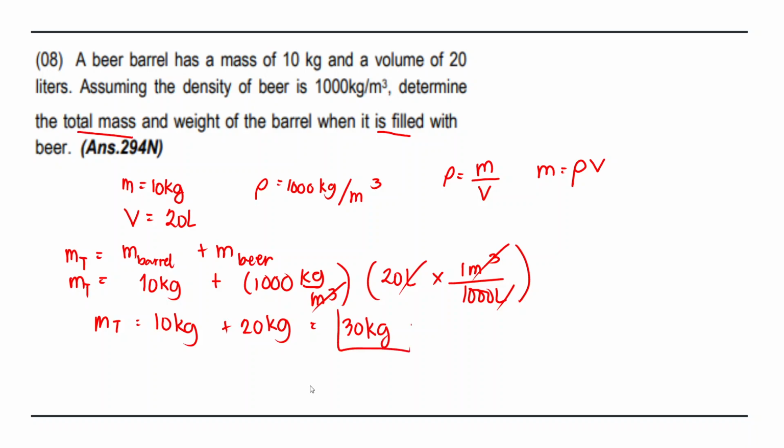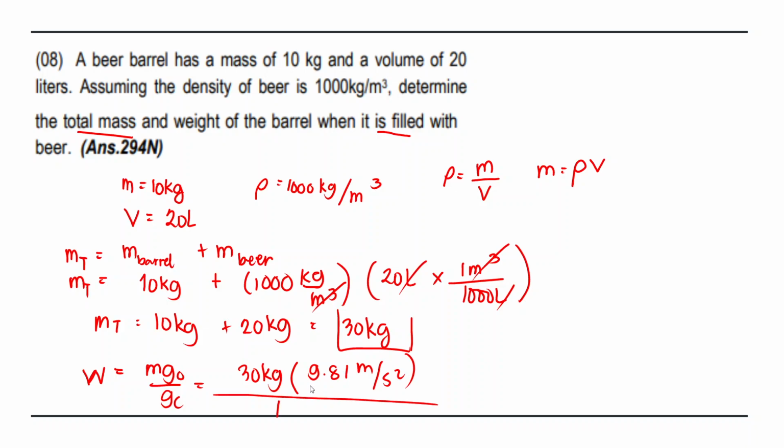Meron na tayo. Ngayon, yung weight naman. Weight is equivalent to mg over gc, diba? So, 30 kilogram times the gravity of Earth, which is 9.81 meter per second squared, over the conversion, 1 kilogram meter per second squared is to Newton.